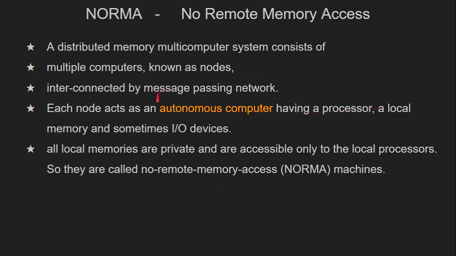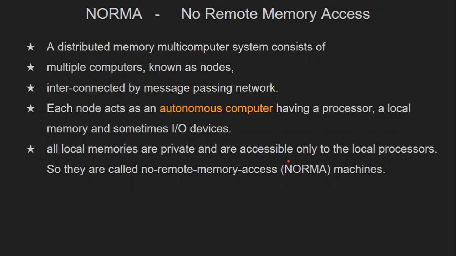They can act independently as an autonomous computer, and only in some scenarios do they have to communicate with each other. All local memories are private and accessible only to the local processors. In the previous model, non-uniform memory access, the processor can access local memory as well as global memory. But in the case of NORMA, there is no remote access.